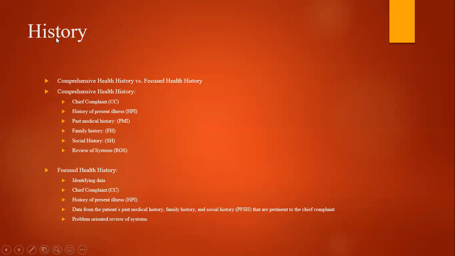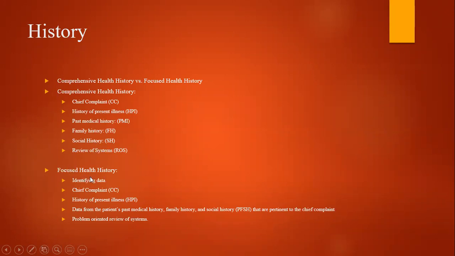Now, history taking: comprehensive health history and focused health history. A comprehensive health history must include the chief complaint, history of present illness, shortly called HPI, past medical history, family history, social history, and review of the system.